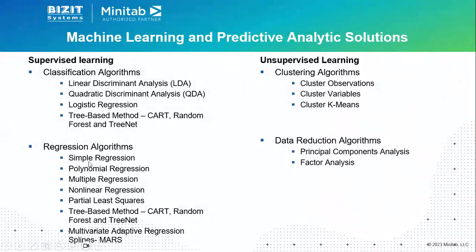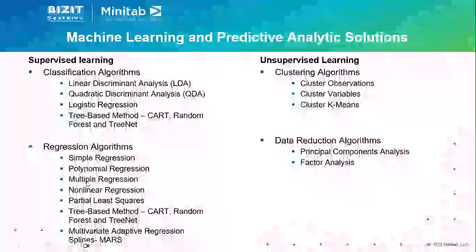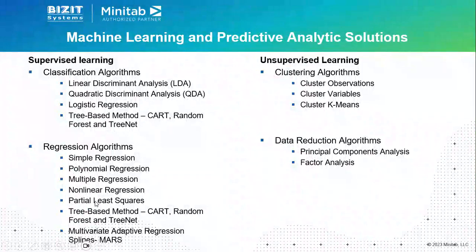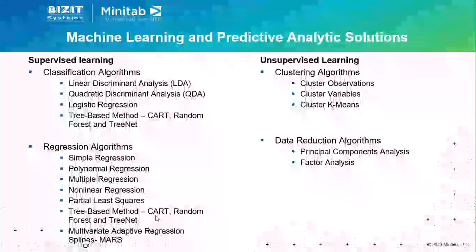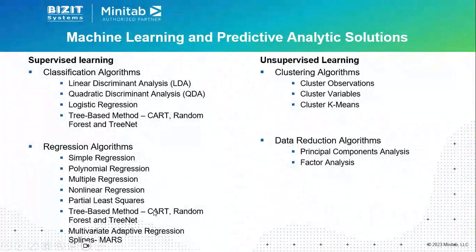For the regression algorithm here, maybe you can go for simple regression. You already do that, is it? So maybe you can consider you already do predictive analytics. Then maybe you can go for multiple regression. We have partial least squares, and then the new additions, starting with Minitab 19, I think, are the tree-based methods. We call it CART, classification and regression tree. And then we have random forest, and then we have TreeNet.